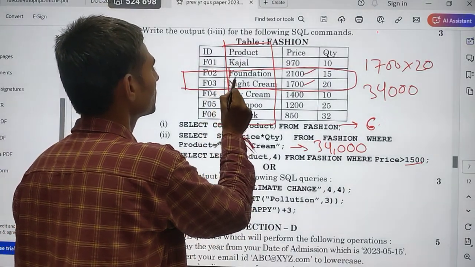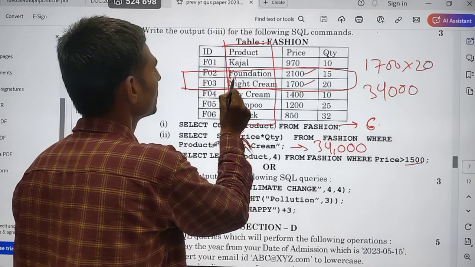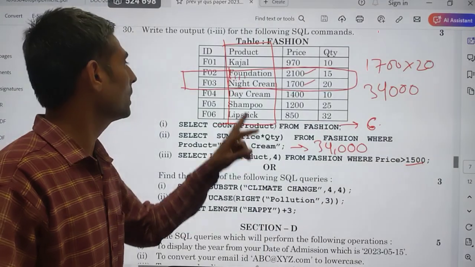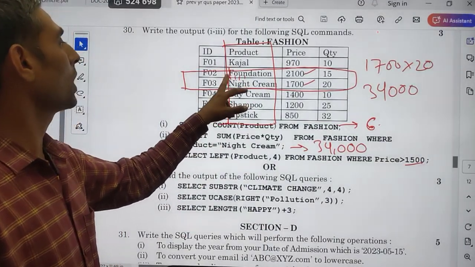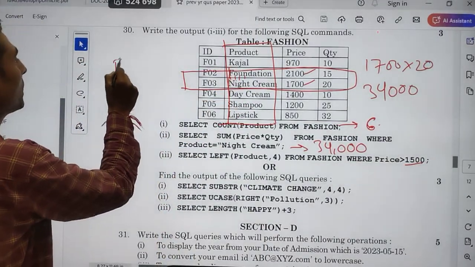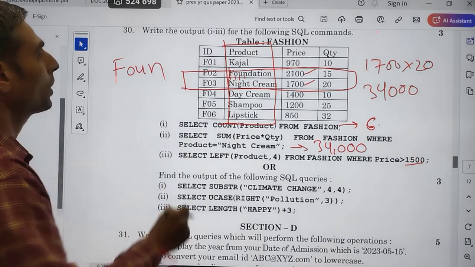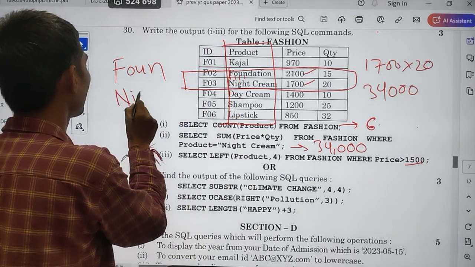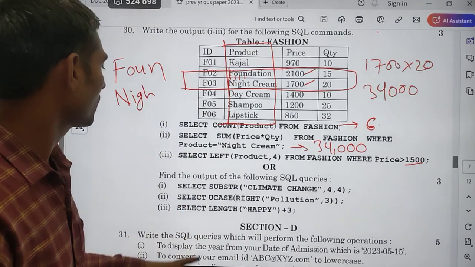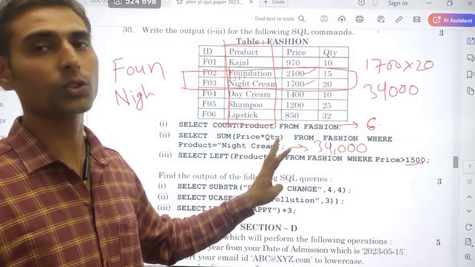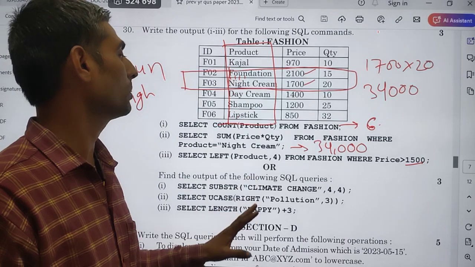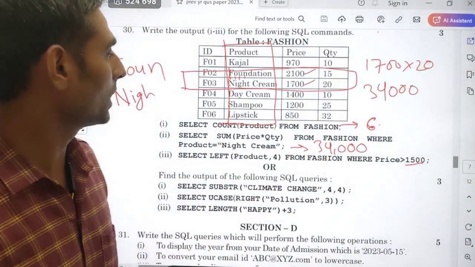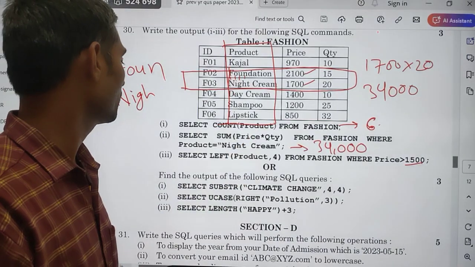This is first, second, third and fourth. So from foundation it will give me FOUN. From night cream it will give me NIGH. So it is asking for the first 4 characters of the product column where price is greater than 1500.